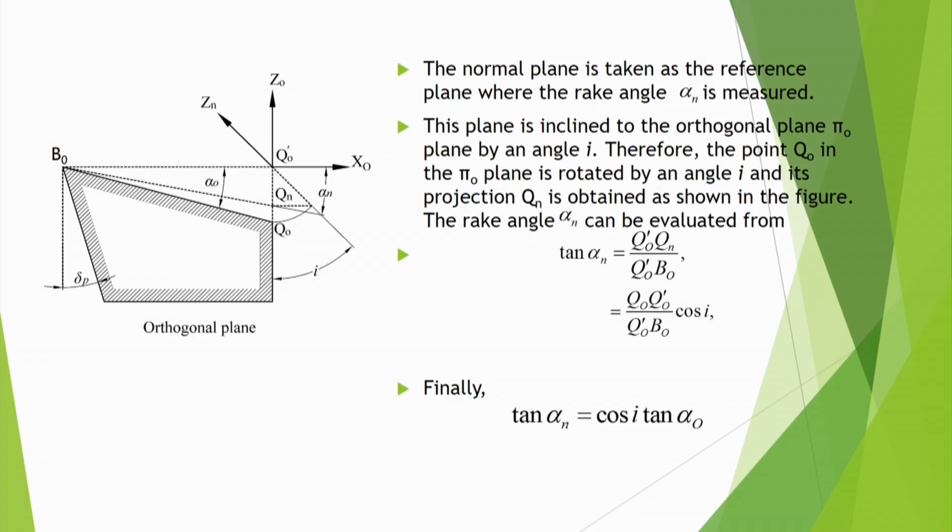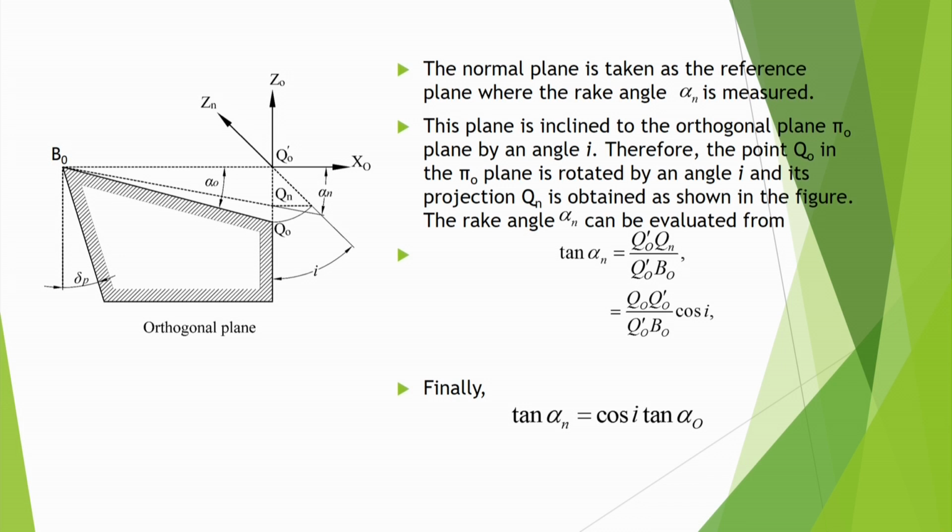So this is how the rake angle alpha n can be evaluated from Q0 prime Qn and Q0 prime B0. Q0 prime B0 is the same, but Q0 prime Qn is basically Q0 prime in the orthogonal view multiplied by cos I. Means the height will reduce by a factor of cos I. That you can always visualize.